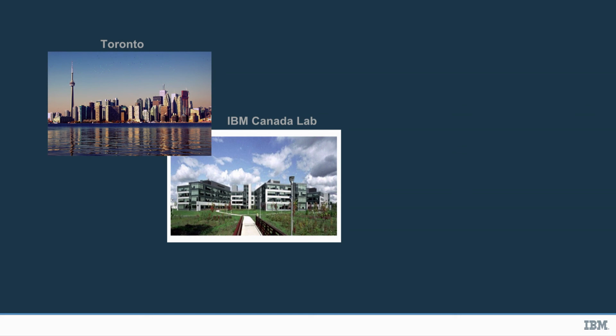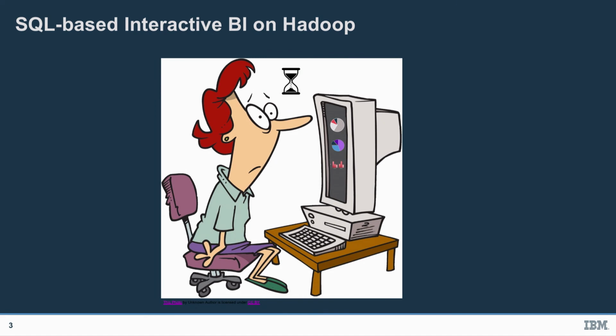So that we are on the same page regarding what interactive BI means, let's spend a second on this slide. What is interactive BI? It's a use case. There is a user in front of a screen, presumably a dashboard, a Tableau dashboard, Cognos, MicroStrategy, something like that. And this user is exploring data through the dashboard.